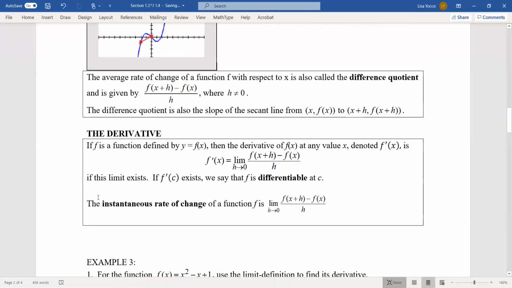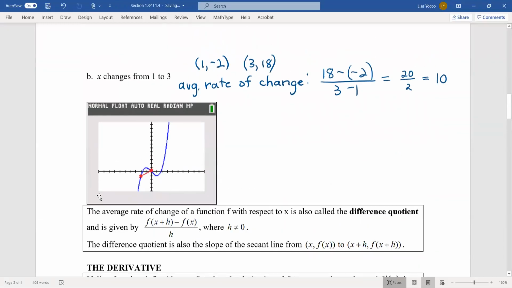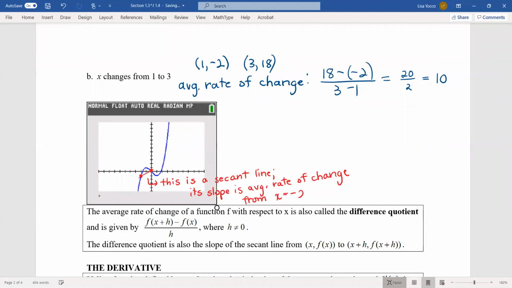It's called the secant line. Somewhere I'm going to be mentioning this, okay? But this is called a secant line. And its slope is the average rate of change of that function between the 2 points. All right, average rate of change from x equals -2 to x equals 0.